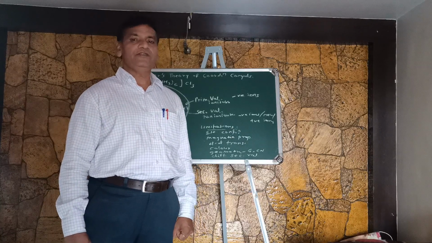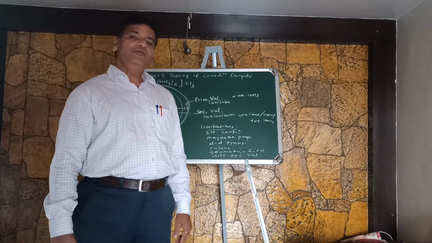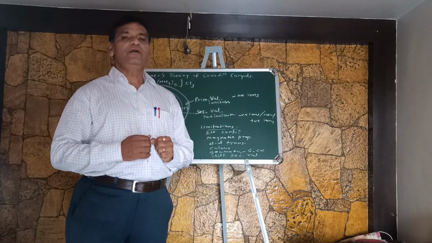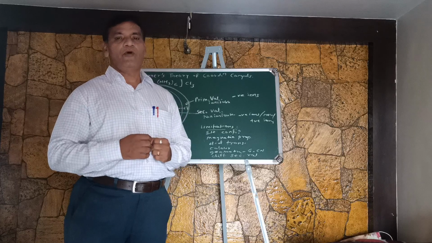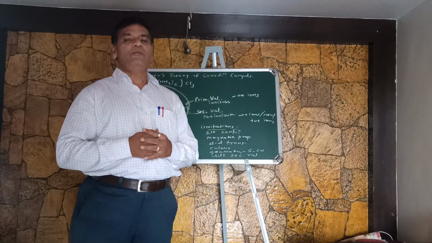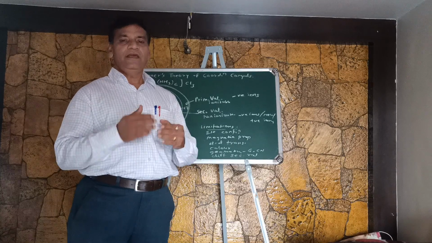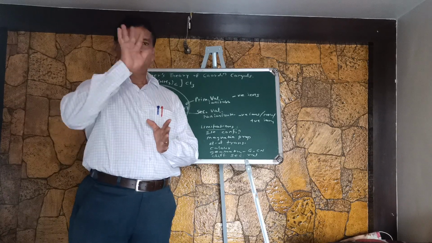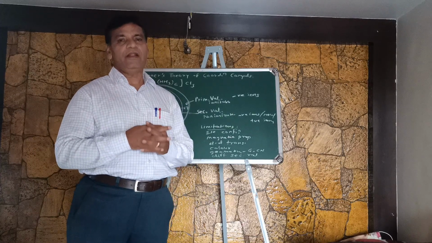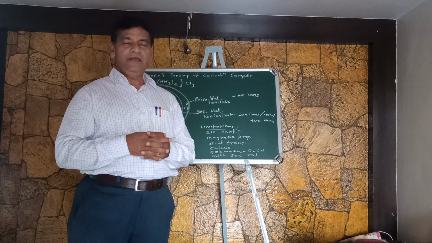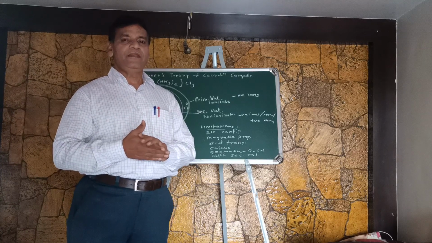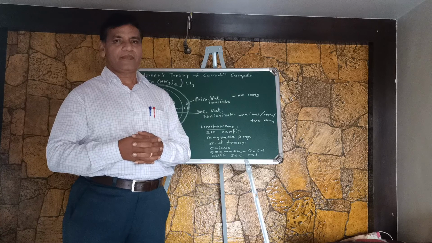According to Werner, when there is formation of a coordinate compound or complex compound, in the structure of that complex compound there are two spheres surrounding the central metal atom or central metal ion, and he explained these spheres as the primary sphere and secondary sphere.